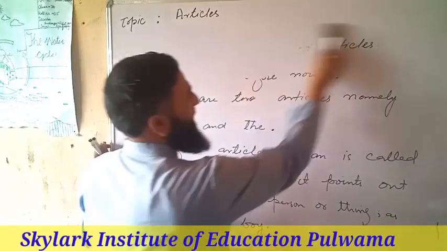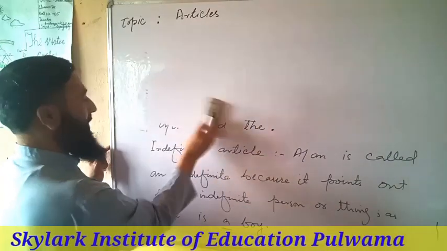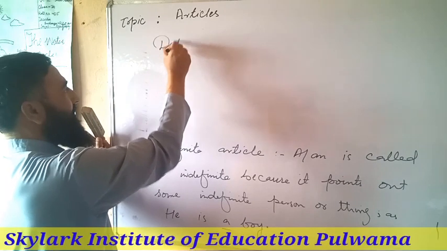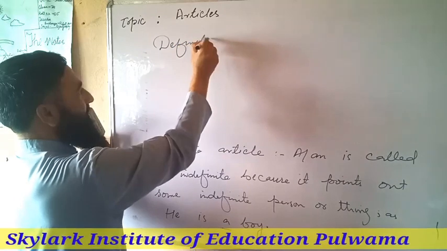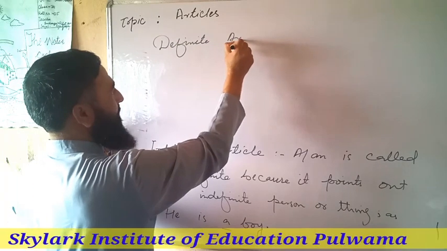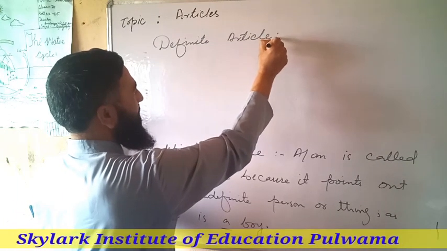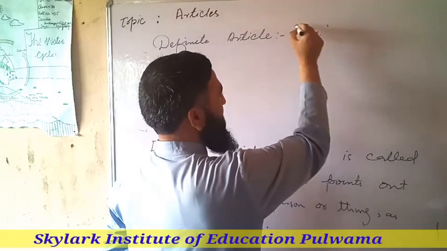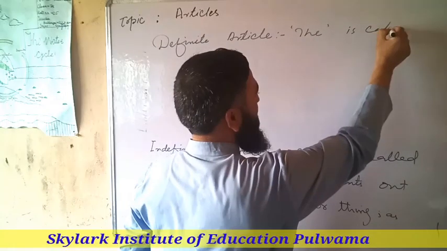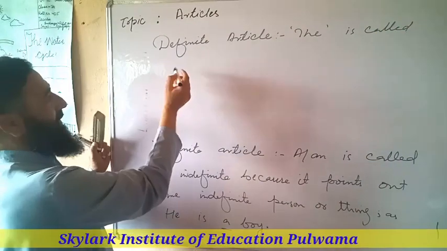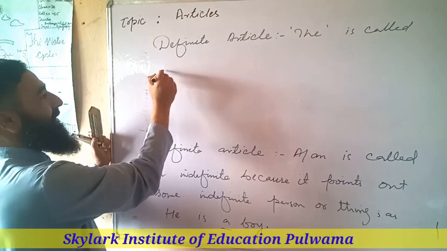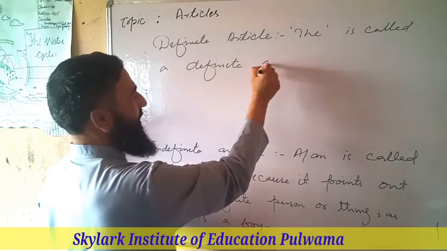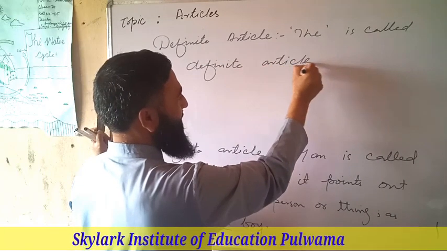Now the second division is the definite article. The is called a definite article. Why is it called a definite article?